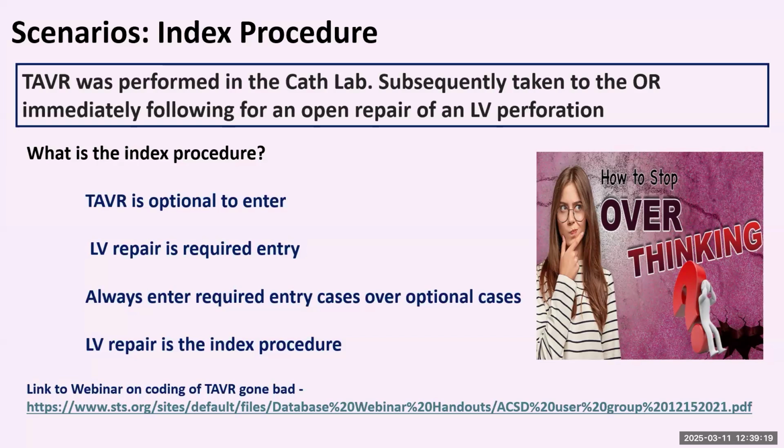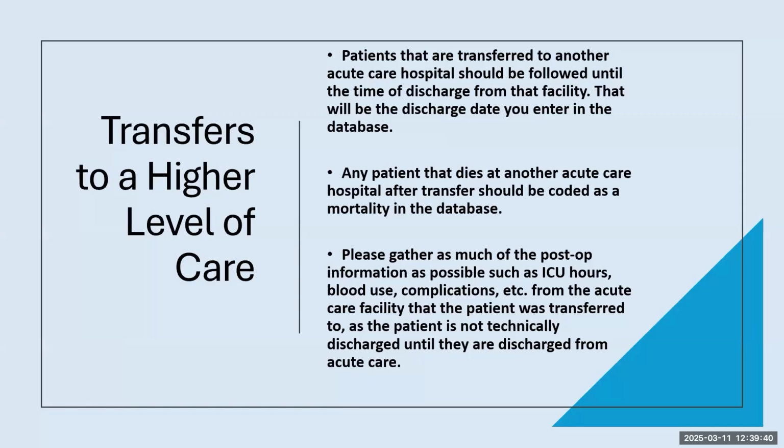Now, before we get into the PROC ID chart, we're going to just talk about a few other things about case inclusion and index procedures that I want to bring up because these kinds of questions come up quite frequently too. Transfers to a higher level of care.